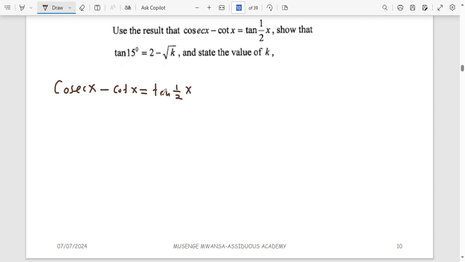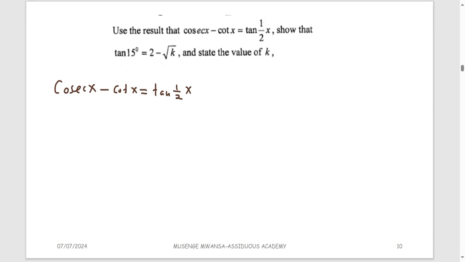The goodness is that you've already been given really what you are dealing with. So what do you want to do at this point? They've already given you what to use.